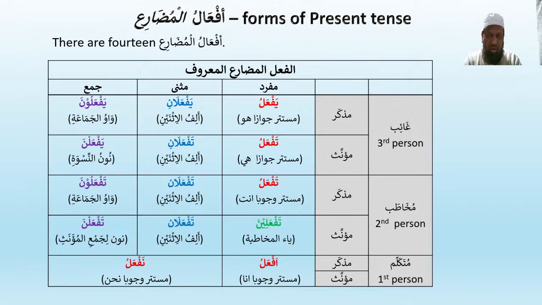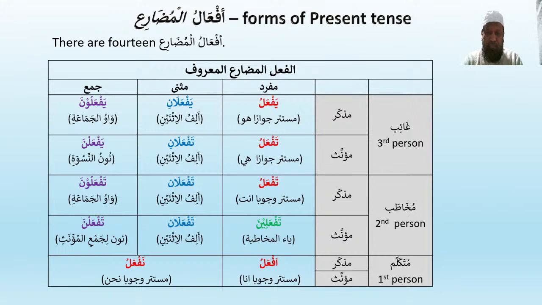So yaf'alu, the only thing is that it has huruful mudari'ah, the letters of mudari'. يفعل تفعل تفعل أفعل نفعل. عندي مثنى يفعلان تفعلان تفعلان تفعلان. عندي جمع يفعلون يفعلن تفعلون تفعلن. And the last one تفعلين with the ياء المخاطبة.